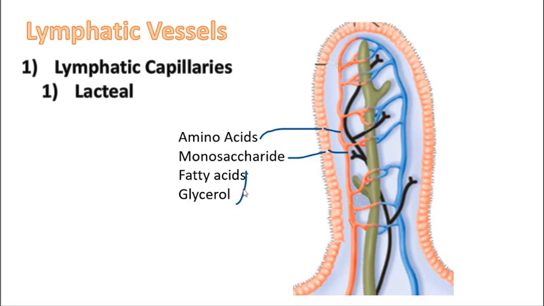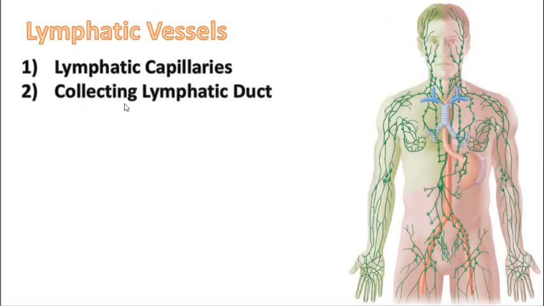But fatty acids and glycerols will go to the cell, be packed with lipid-transporting proteins, lipoproteins, and then cross into the lymphatic capillaries, because they're too big to cross into the blood capillaries. Remember, we said lymphatic capillaries are more permeable; they can take larger molecules. These lymphatic capillaries are called lacteals.